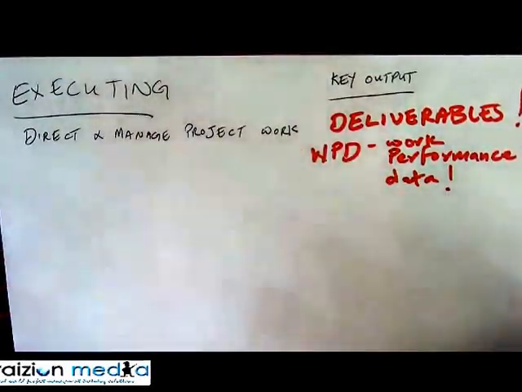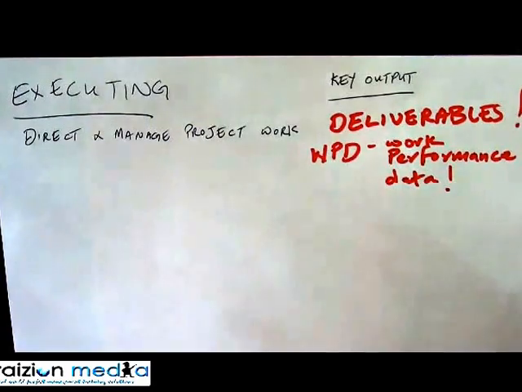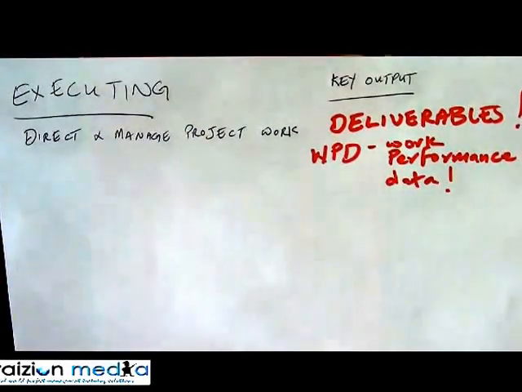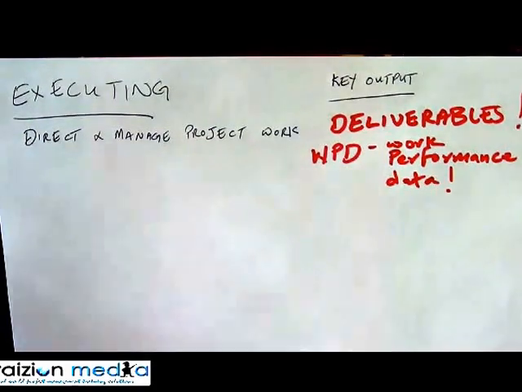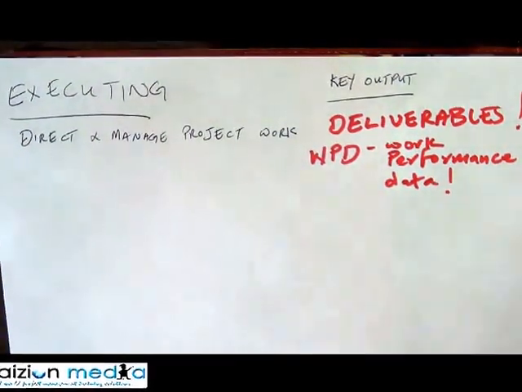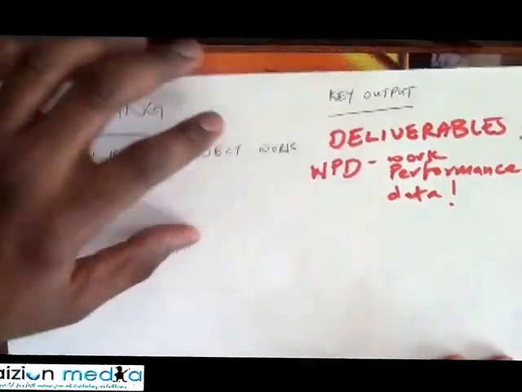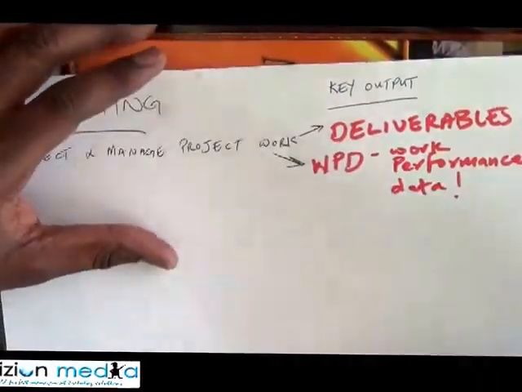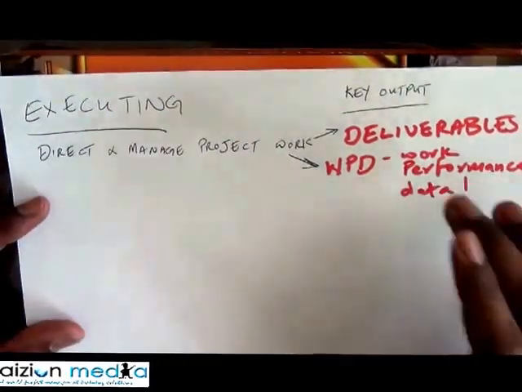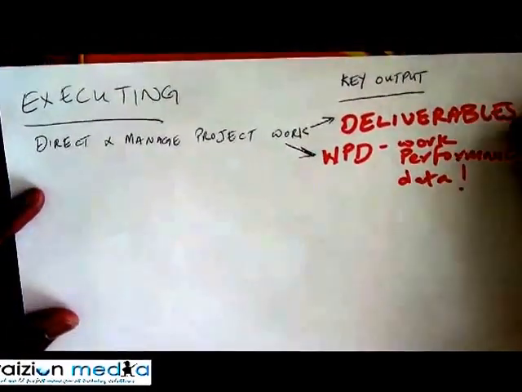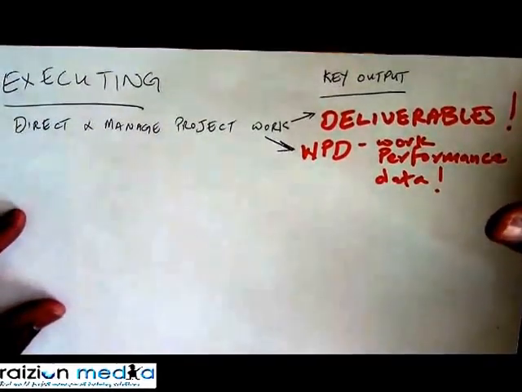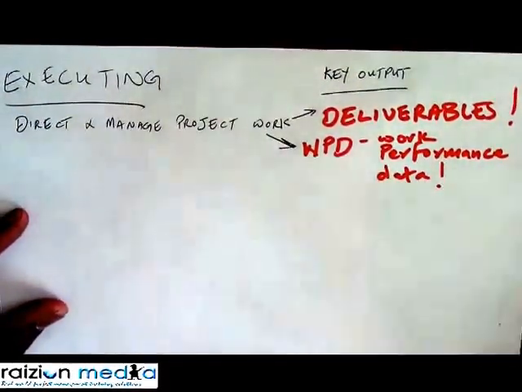Your work performance data is really your raw observations on the project. But the PMI and the PMBOK guide, they tell you these raw observations regarding how the project is proceeding are derived from here, direct and manage project work. So if you don't know these two big ticket items, know them now. This is some really important stuff here.